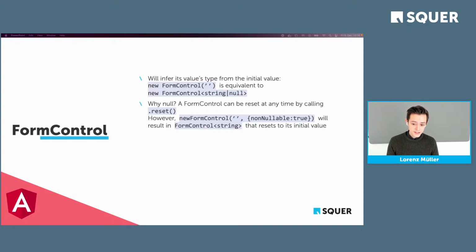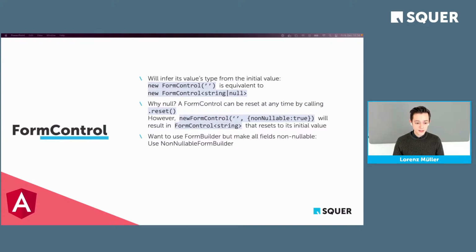If we don't want this to happen, then we have the new nonNullable: true option, which will exclude null from the union type. And if we now call .reset, we'll actually have a FormControl that resets to the initial value rather than to null. If you want to take advantage of FormBuilder and creating forms in a more concise way than with the new keyword, then you now can use NonNullableFormBuilder.